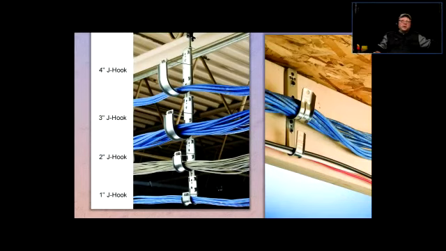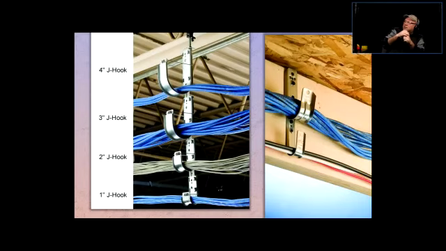Of course, the bigger ones are more expensive, and the smaller ones are less expensive. So if you have a main bundle, try to get the bigger J-hooks so you can fit as much wire as you can possibly fit there without overfilling that J-hook, because if you get too much of a bundle, cables are exposed to stress, basically the bottom ones are going to have to hold the weight of everything that's on top of them, right? So you just have to consider that kind of stuff.